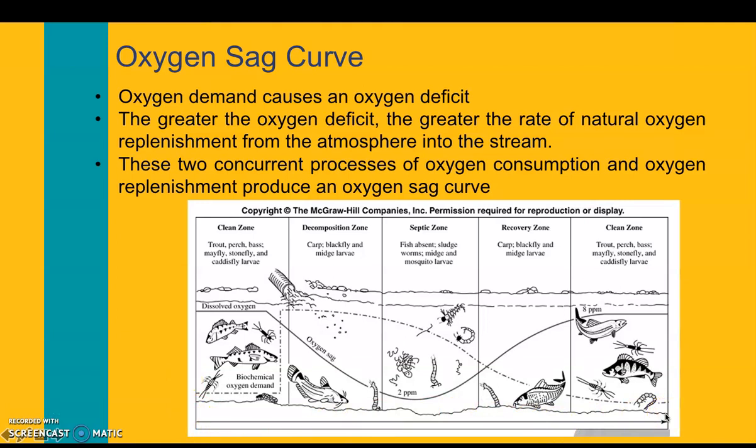Oxygen demand causes an oxygen deficit, so the greater the oxygen deficit, the greater the rate at which oxygen is replenished from the atmosphere into the stream. So there are two concurrent processes, oxygen consumption and oxygen replenishment, that consequently produce this oxygen sag curve.